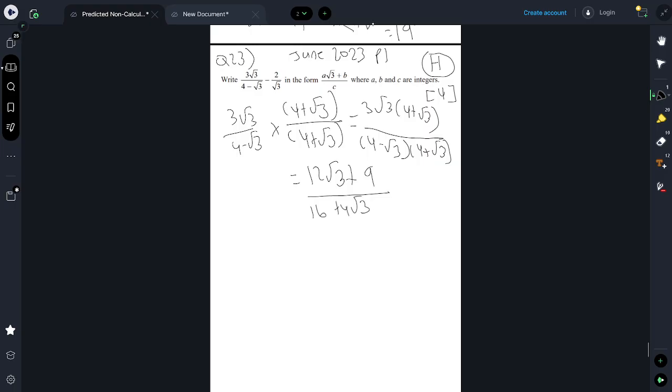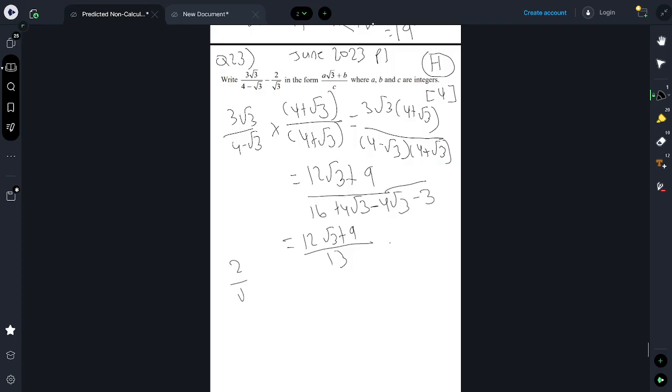Minus root 3 times 4 is minus 4 root 3. And minus root 3 times root 3, that's minus 3. And so then that simplifies to 12 root 3 plus 9. And then these cancel, the 4 root 3s cancel. And then you've just got 16 minus 3 is 13. So that's rationalised. You know you've done it right because clearly the roots have to cancel out. That's the whole idea.